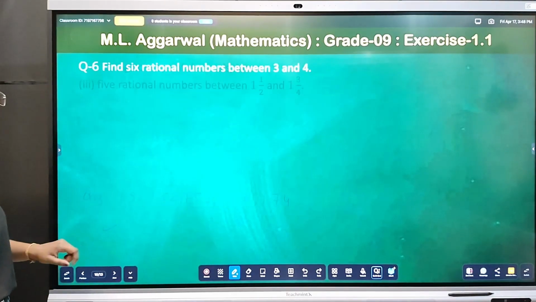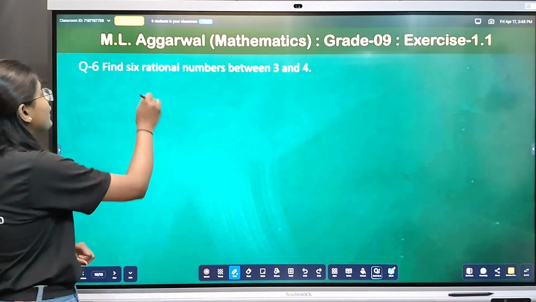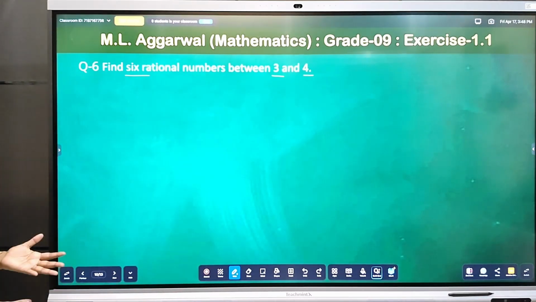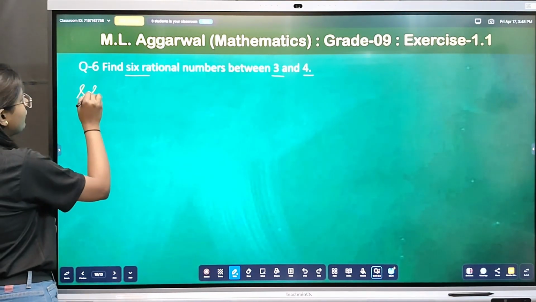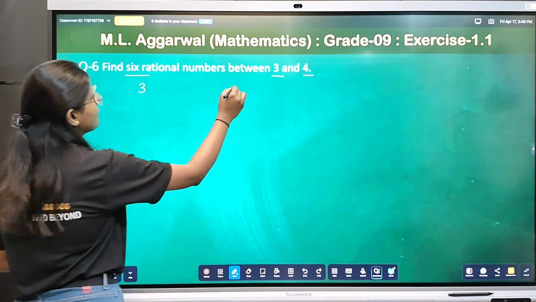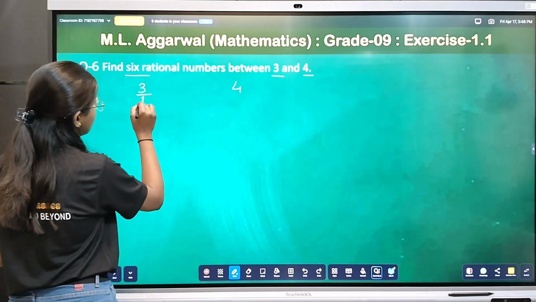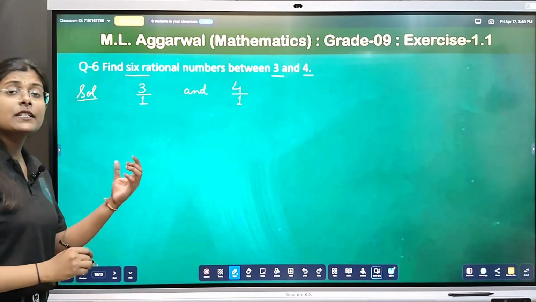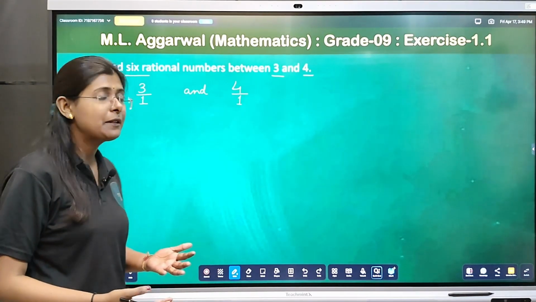Moving to the next question, question number 6. Find 6 rational numbers between 3 and 4. How to do this question? Very easy. First, note down your boundaries and convert them into rational numbers by writing 1 in their denominators. Since the denominator is same, no need to take LCM.